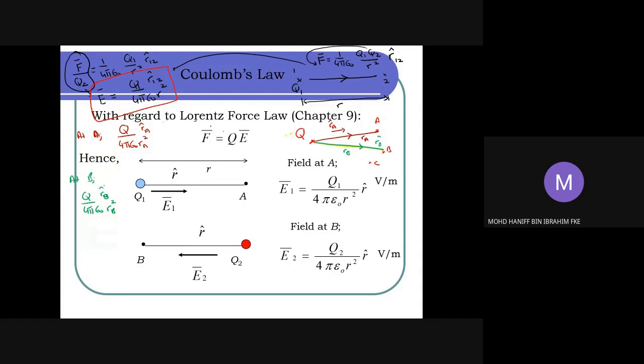The same thing applies for point C. EA is the electric field at point A, EB is the electric field at point B, and EC is the electric field at point C, which will be Q over 4 pi epsilon naught RC squared in the direction of RC hat, where the distance here is RC and the unit vector from Q to point C is RC hat.